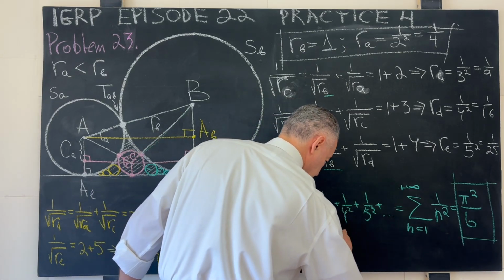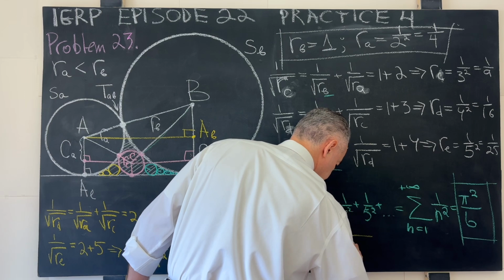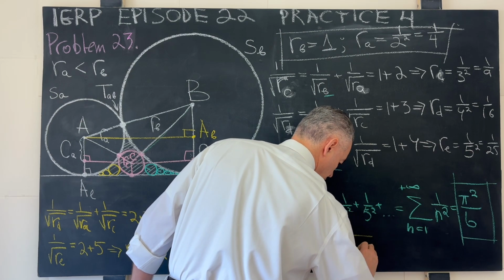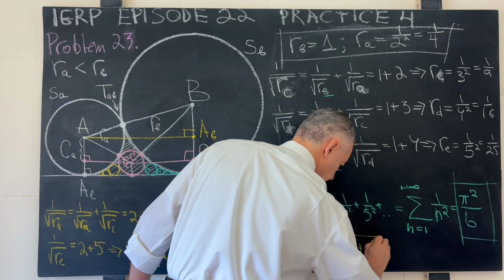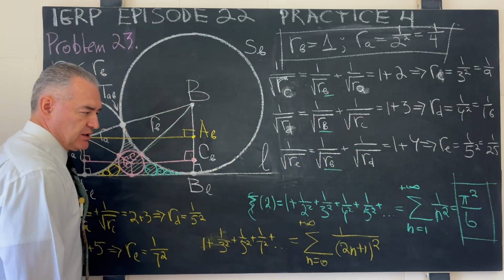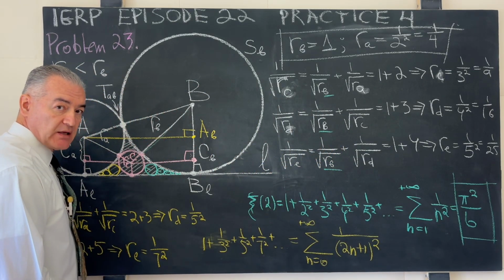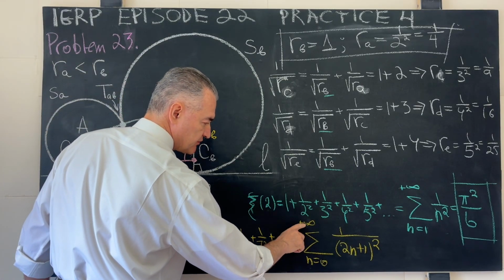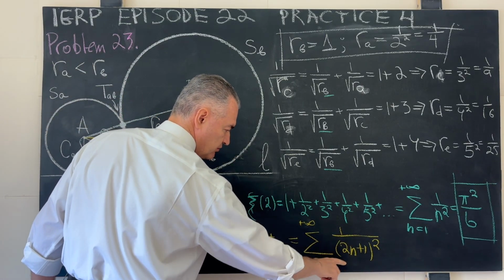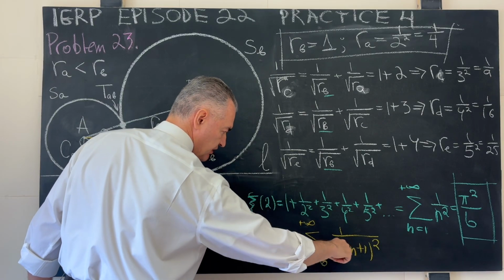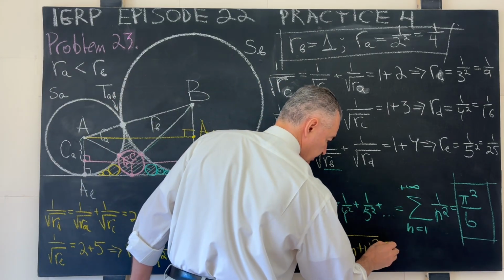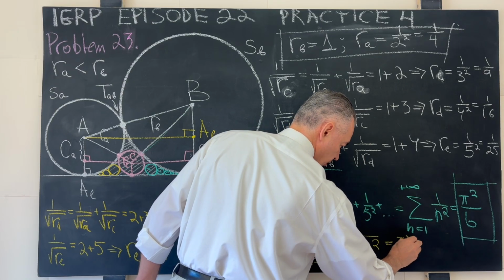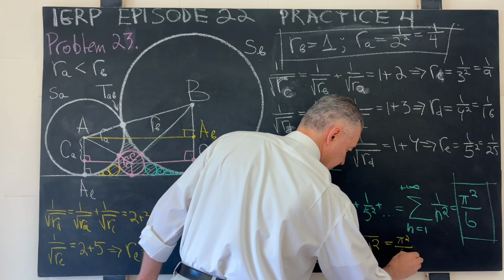These are the squares of the reciprocal odd whole positive numbers. Sum of 1 over (2n plus 1) squared, and n varies from 0 to positive infinity. When n is 0, we have 1. When n is 1, 3, and so on. And that number is evidently pi squared over 8.